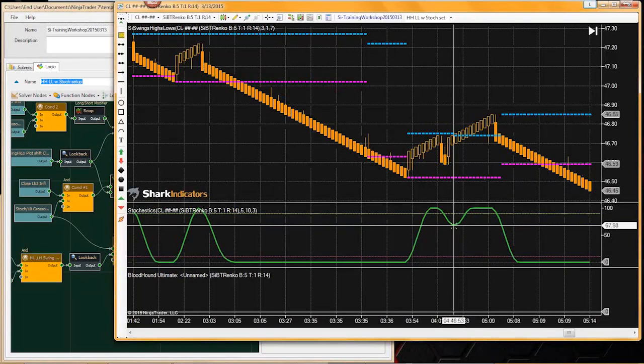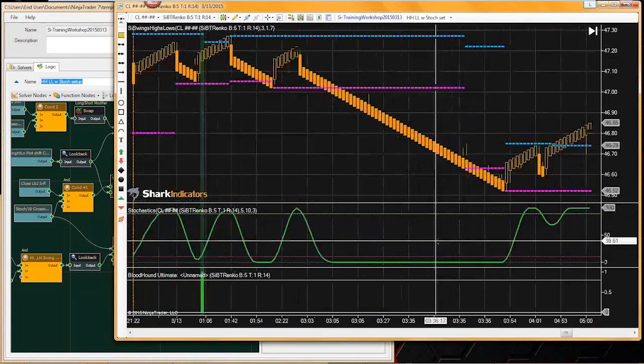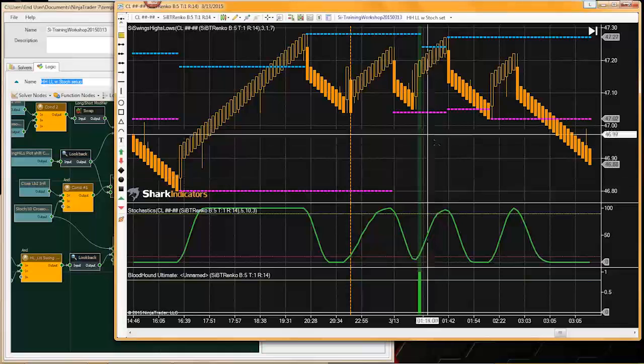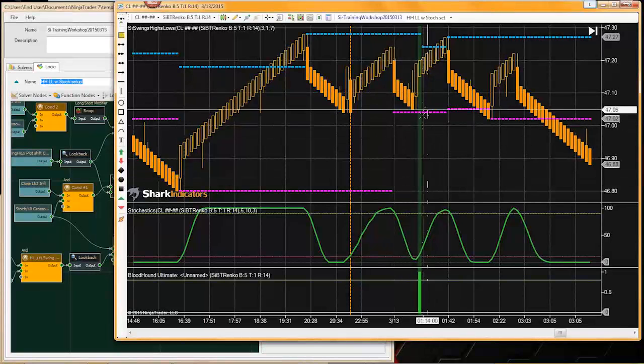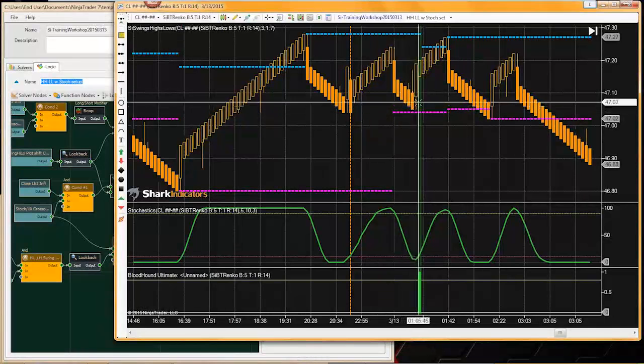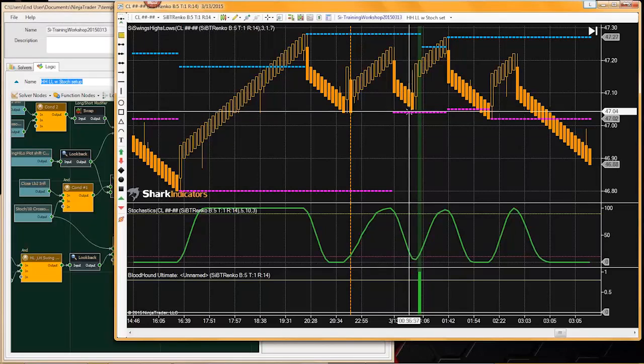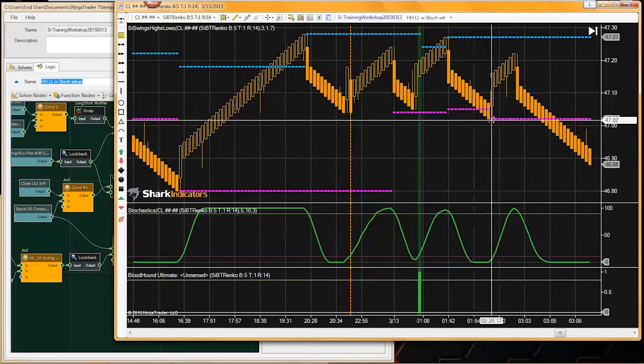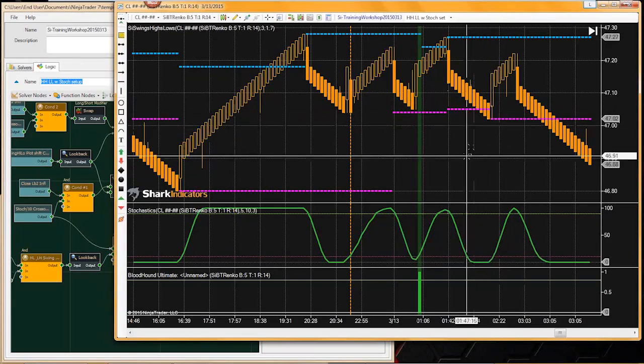So our stochastics didn't get down far enough here. And great, yep, so we did get a long here, right? So we got a higher low by 1 tick, so that qualified. But over here it actually made a lower low, so there was no signal there.